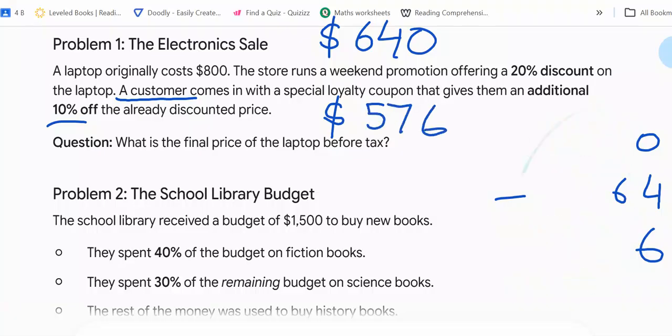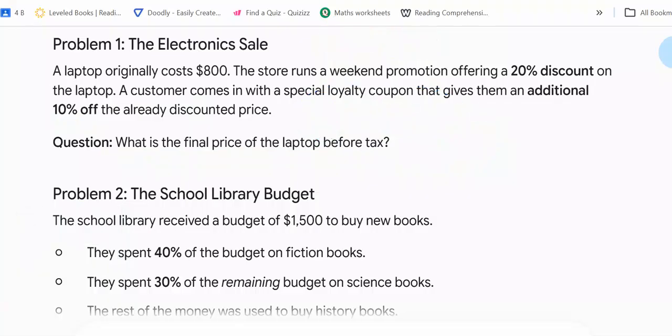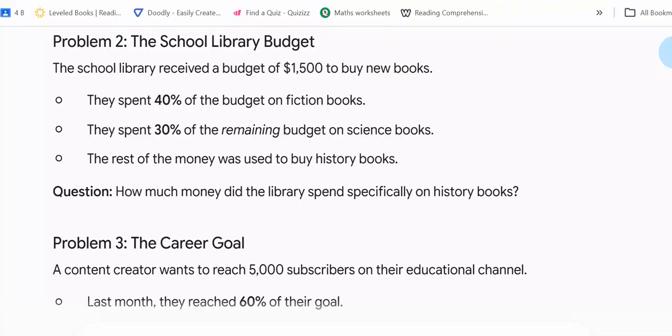Okay. So what is the question written here? The question is, what is the final price of the laptop before tax? So before tax, the final price of the laptop is 576. I hope you understand this, and if you don't understand this, you can ask me in the comment section.